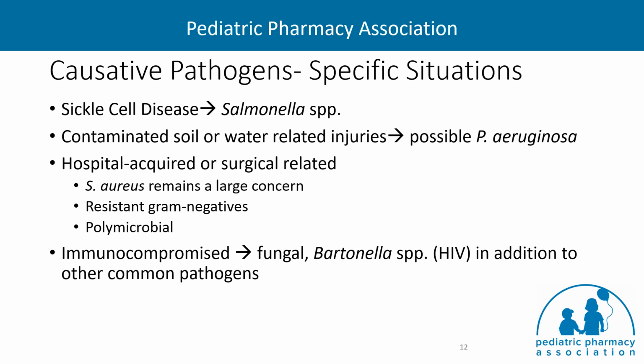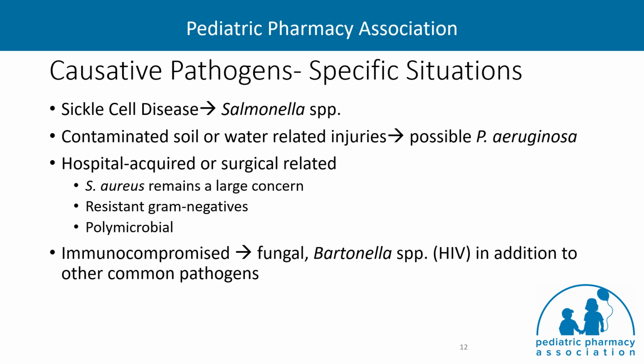Other specific situations: sickle cell disease is commonly associated with Salmonella osteo or septic arthritis. If you're worried about some sort of contaminated soil or water-related injury, you have to add Pseudomonas in the mix. And if it's hospital-acquired or surgical-related, you also have more gram-negatives or potentially polymicrobial.